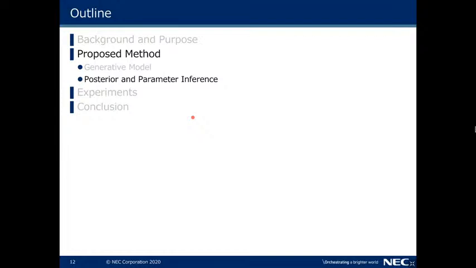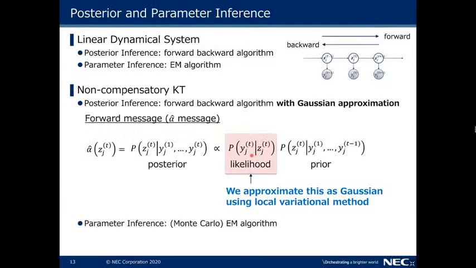The next step is the posterior and parameter inference of this model. In a linear dynamical system, posterior inference and parameter inference can be executed through the forward-backward algorithm and the EM algorithm.